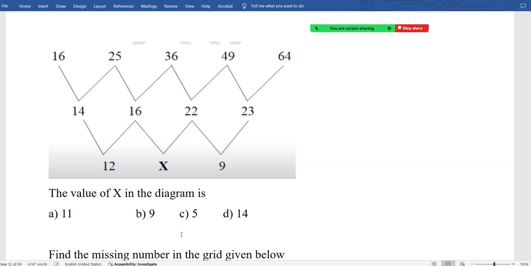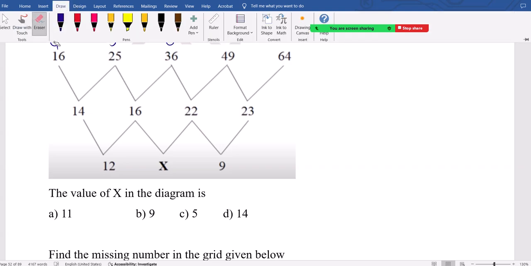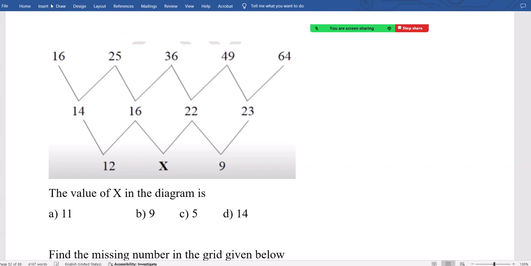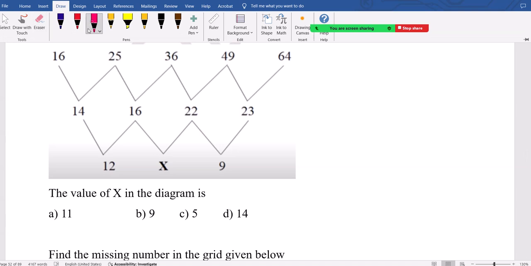First series, okay, 4 square, 5 square, 6 square, 7 square, 8 square here. Fine, but how next series is obtained? That's not a matter for me actually. But how next series came?